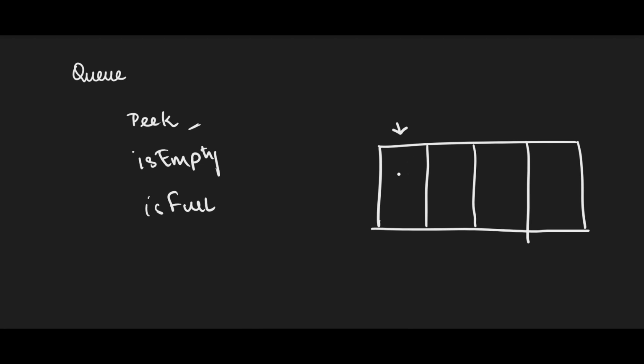Now what isEmpty does is it checks if the queue that we have is empty or not. It basically checks if there is any values in our queue. isFull checks if our queue is full or not, that is if our queue has reached its maximum capacity. That is all the basic terminologies that we need to know to understand queue.